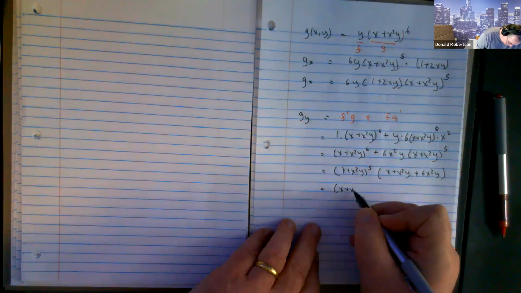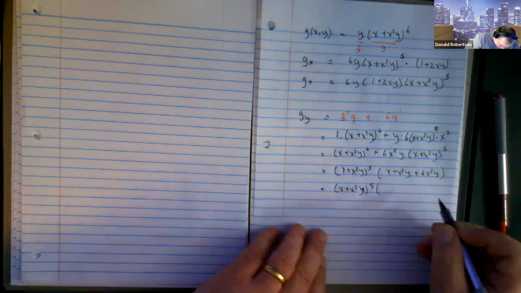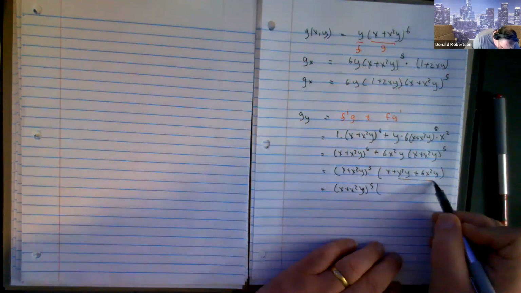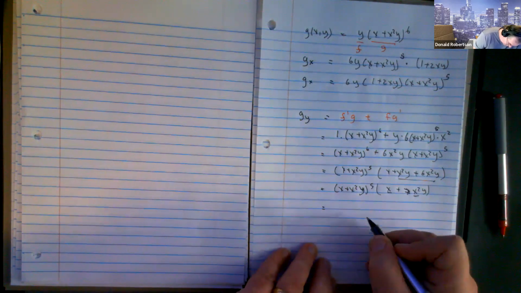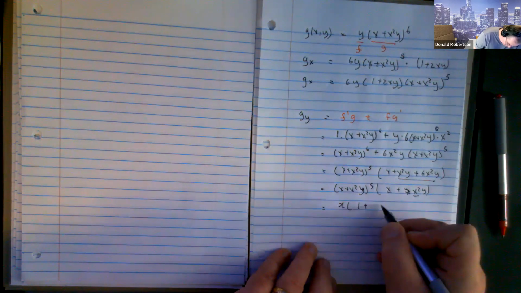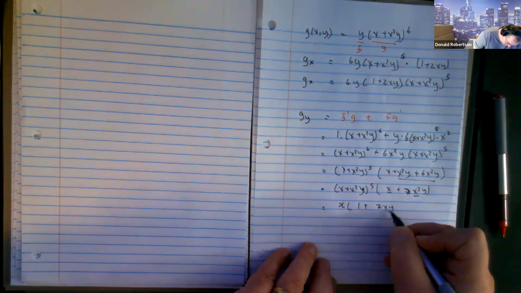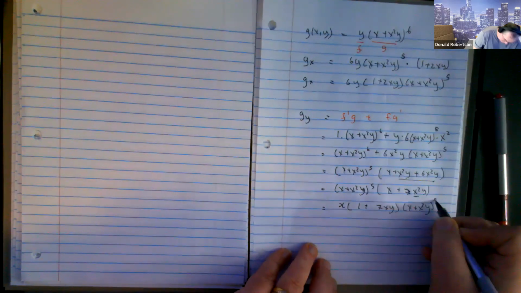So I have, that's a y there. I have this guy, and if I've done it right, these 2 actually can combine. Now I have, what's that, 7x squared y. And then I notice that there's a common factor of x. So I'll pull an x out, and that'll leave me 1 plus 7xy, and then finish with the ugly figure. So that's what I get.